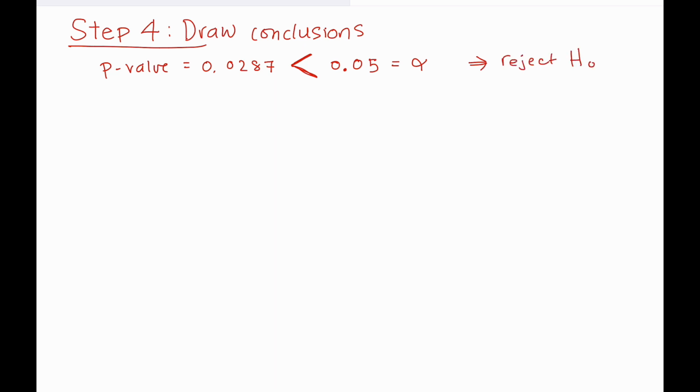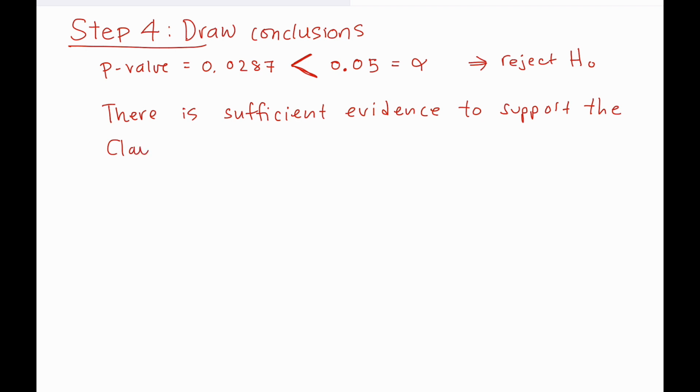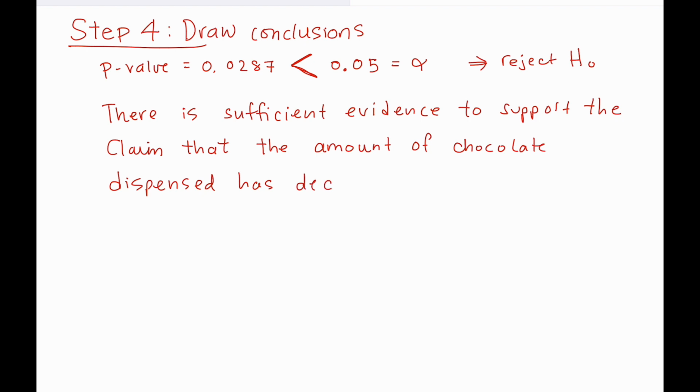If I state that in context, this means that there is sufficient evidence to support the claim that the amount of chocolate dispensed has decreased.